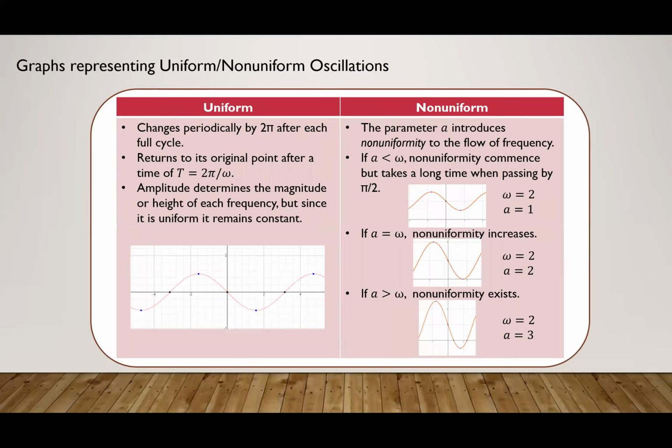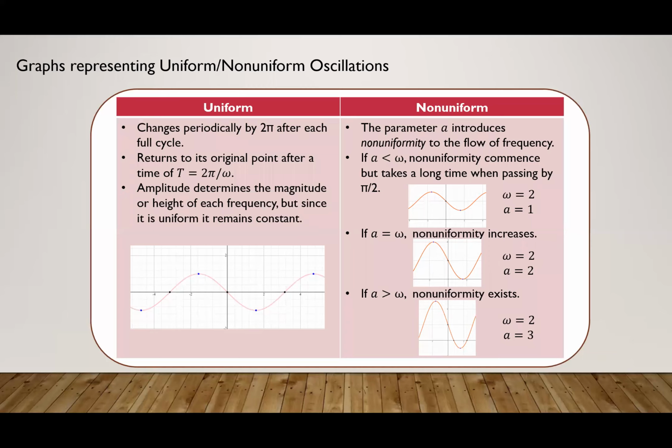Some traits of these two oscillations from a graphical point of view can be seen on this table. For uniform oscillations, it typically changes periodically by 2 pi after each full cycle. T can be used to describe the time period of the system completing one single cycle.